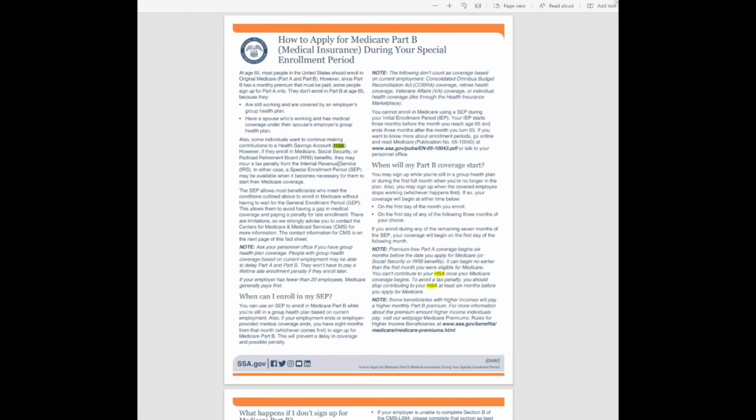If you're still actively working on or around the age of 65 and you're considering enrolling into Medicare and you participate in a health savings account at your employer, just know that once you enroll into Medicare, you can no longer participate in that HSA. An HSA or a health savings account is basically tax-deferred money for medical expenses.